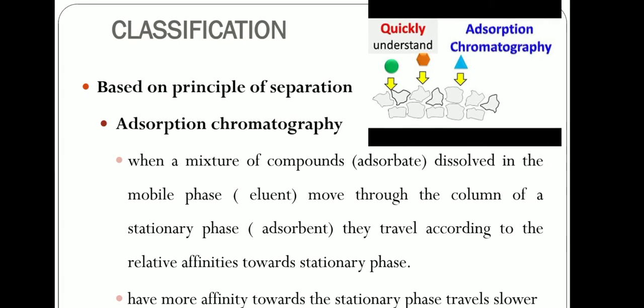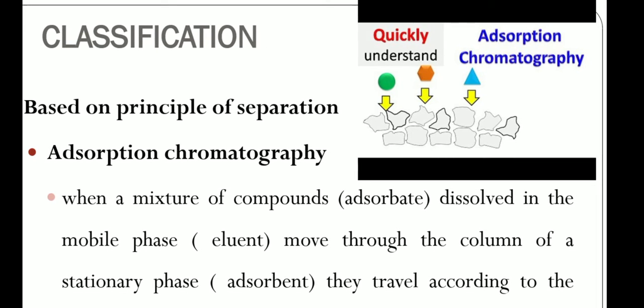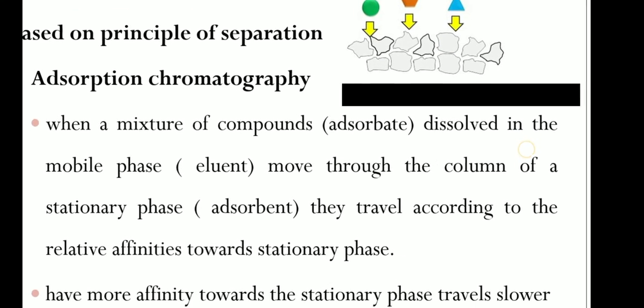For understanding, an image is represented over here. This is representing adsorption chromatography, that is, the substances are adsorbed over the solid surface. These are the various components and they are adsorbed over this solid substance.